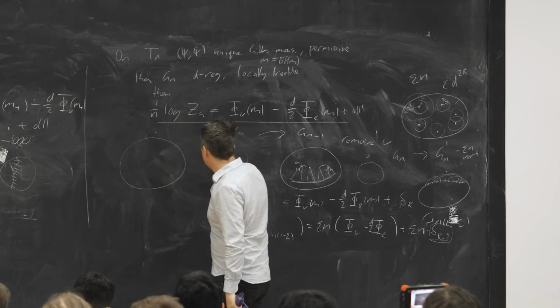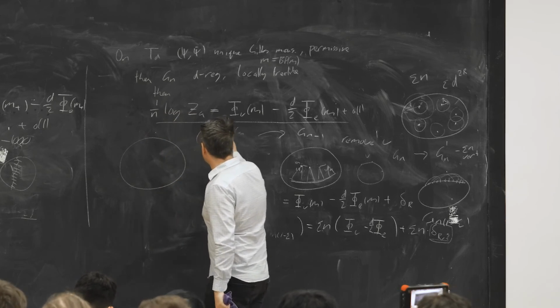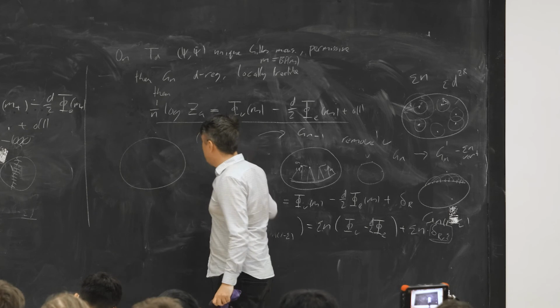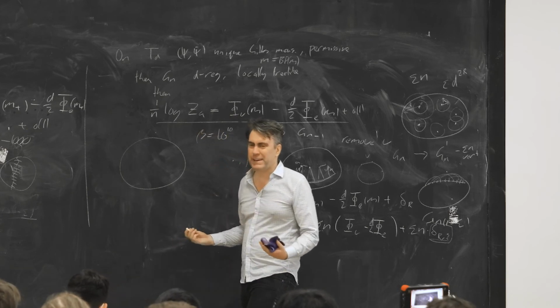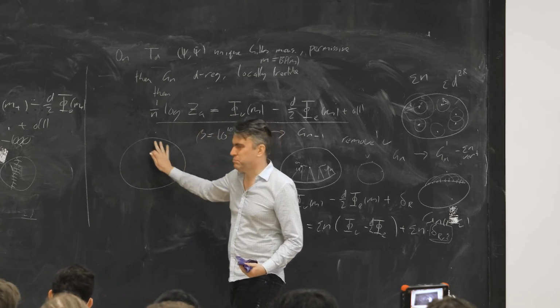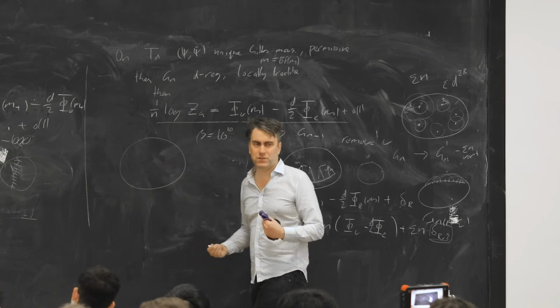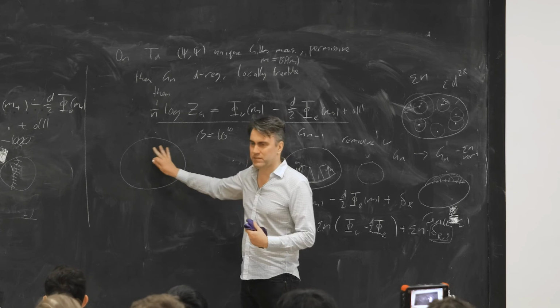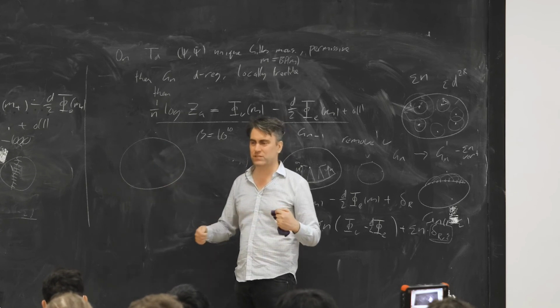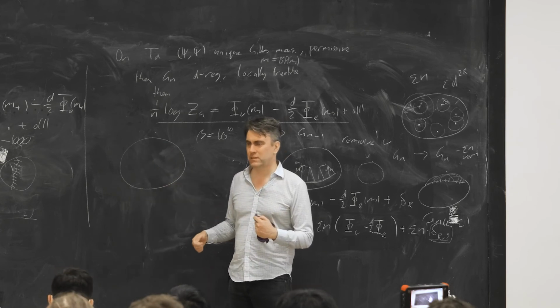At least when beta equals 10 to the 10, you can check by hand that you must have either mainly pluses or mainly minuses. Otherwise, because it's an expander, you would have too many edges disagreeing with each other.